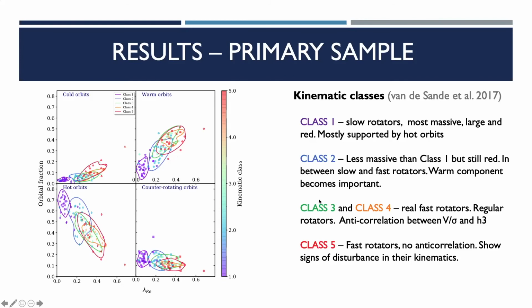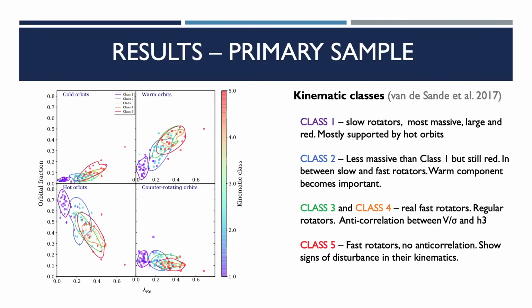Then if we look at class 5, these are fast rotators again, but they do not show any sign of anti-correlation between V over sigma and H3. They do, however, show signs of disturbances in their kinematics. Before, it was thought that one of the hypotheses for this was that there was a counter-rotating component in this galaxy causing disturbances.